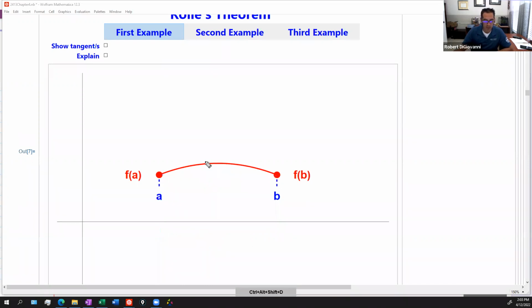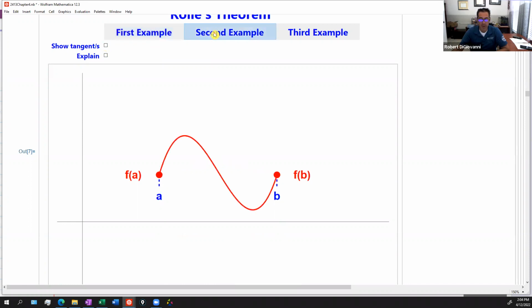Has to be. Rolle's theorem says it's guaranteed. Let me give you a different example. So here's where it happens. You connect these two endpoints together. The slope of that secant line is 0. And somewhere in between A and B, we're going to get a tangent line that's also got a slope of 0. Let's look at a different curve. Look at that curve right there. Notice the two endpoints are the same, right?